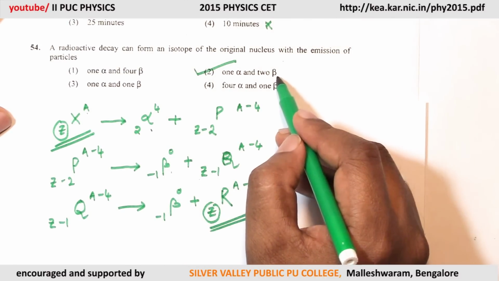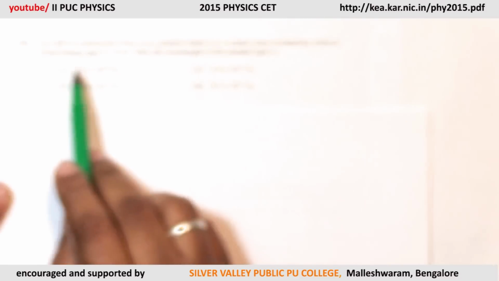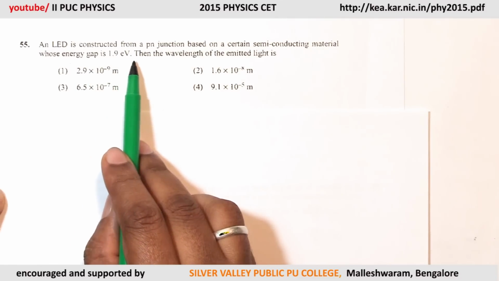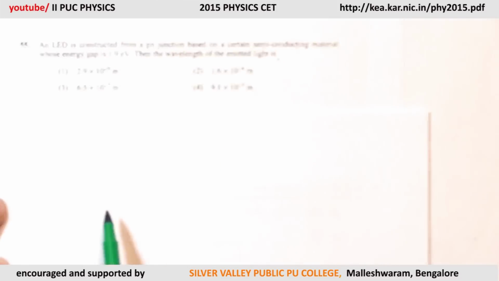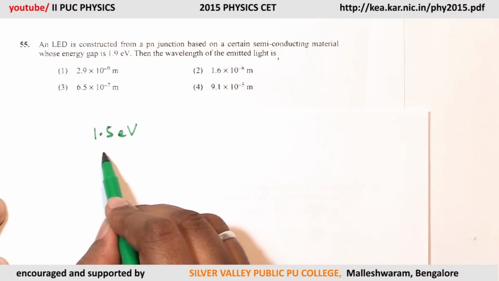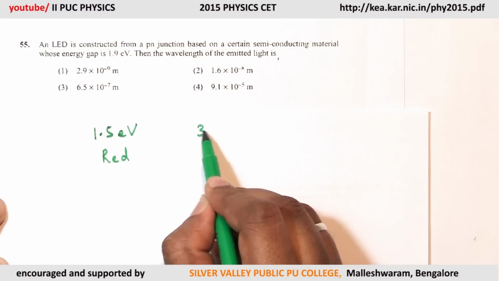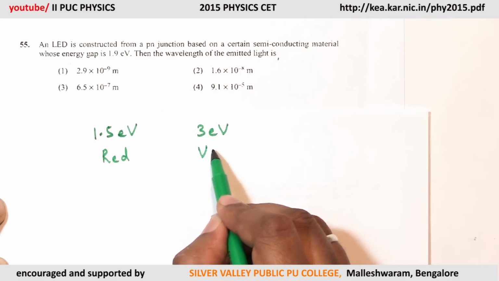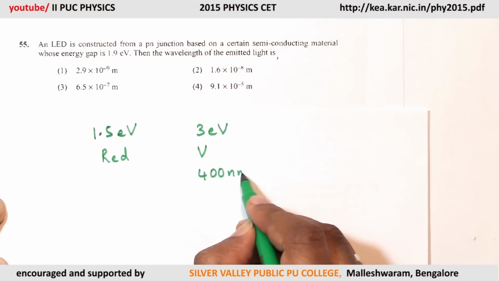An LED is constructed from a PN junction based on a certain semiconducting material whose energy gap is 1.9 eV. Then the wavelength of the emitted light is. 1.5 eV is for red. 3 eV is for violet. For violet, wavelength is 400 nanometer.